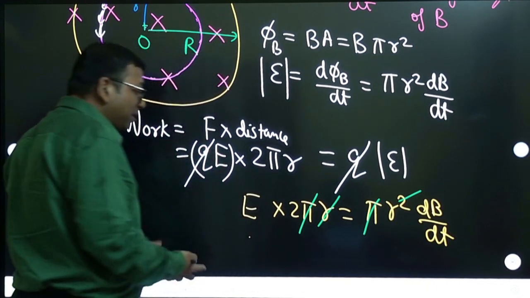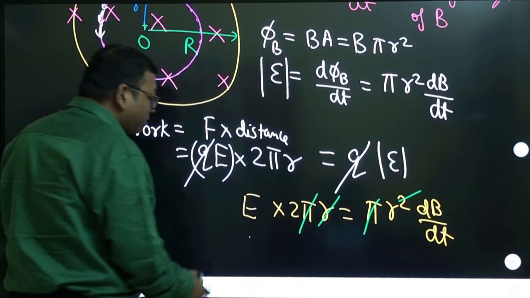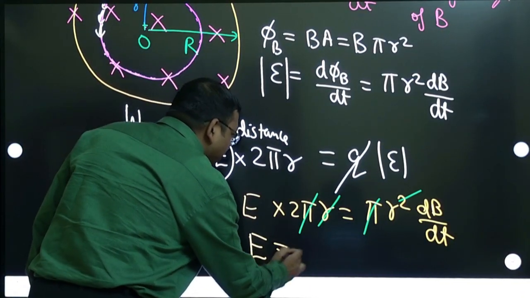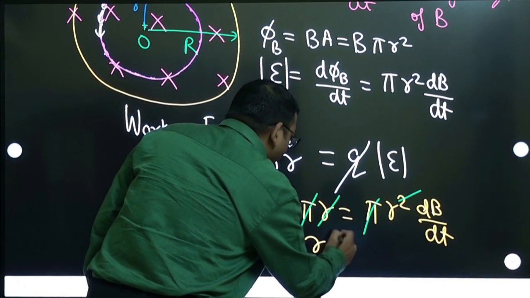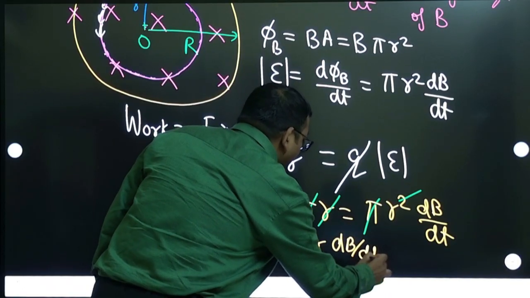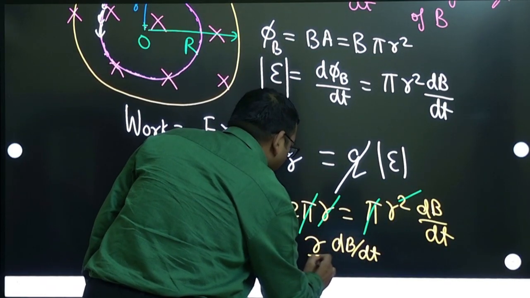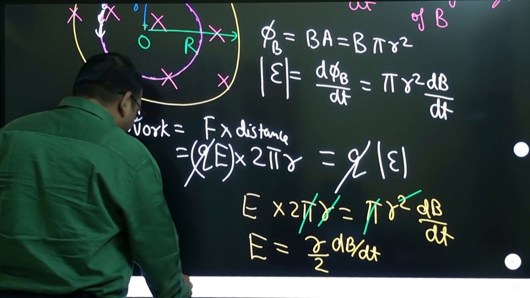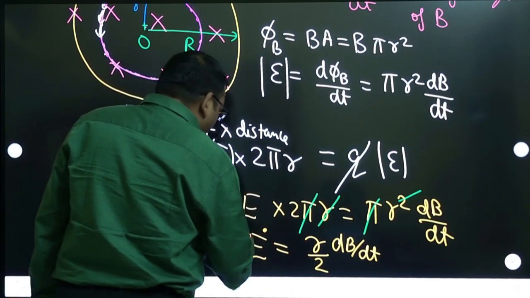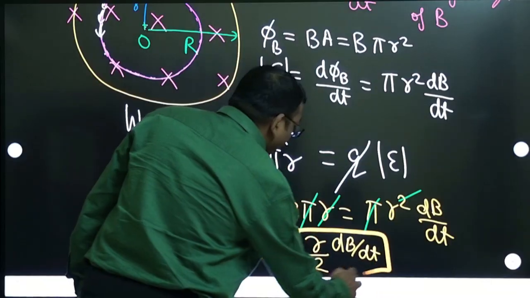Think about any other approach also; maybe another approach is possible, but in most textbooks they give this. So the electric field is r by 2 into dB by dt. This is the electric field produced due to the changing magnetic field.